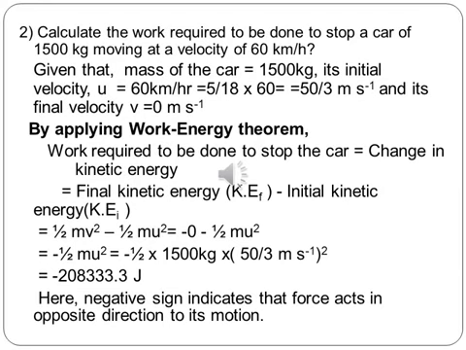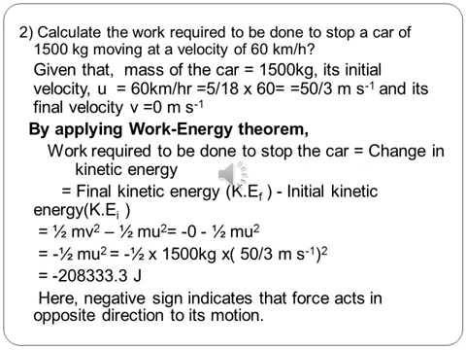Question number 2. Calculate the work required to be done to stop a car of 1500 kg moving at a velocity of 60 km per hour. What is its solution? Given that mass of the car is equal to 1500 kg, its initial velocity u is equal to 60 km per hour.